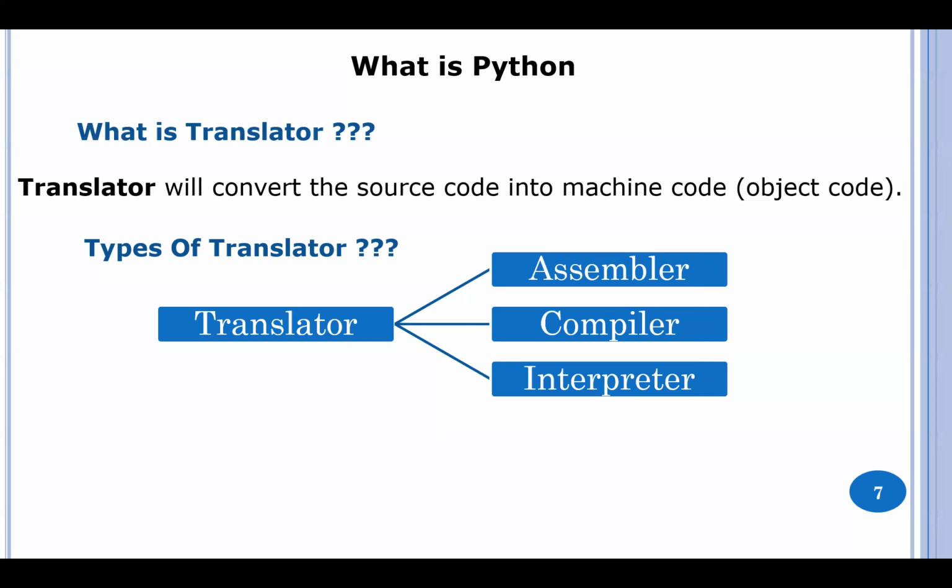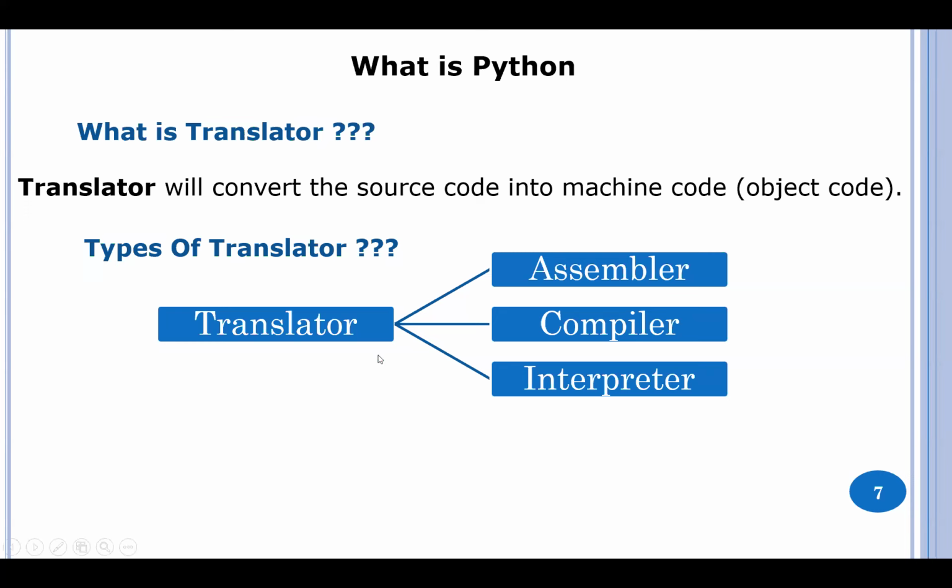Correct? Understood? First generation, we don't require any translator. Coming to the second generation, there is only one language, that language name is assembly language. So the translator needed to convert assembly language, what is its name? Assembler.